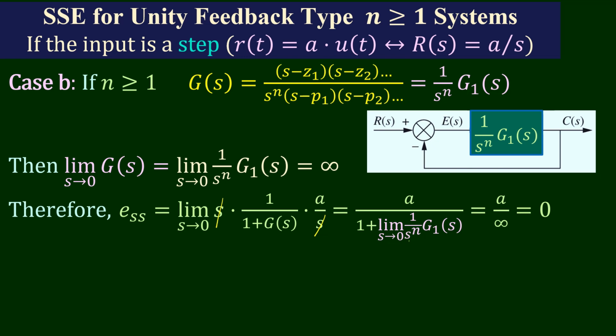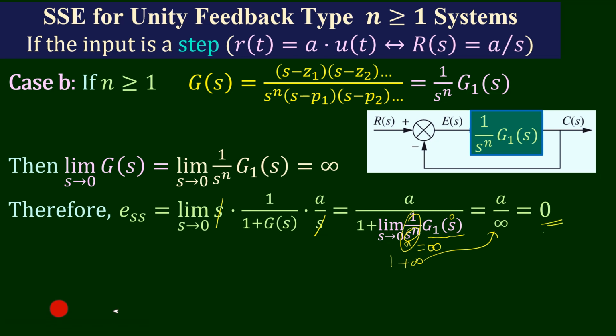Now if s is equal to 0, this portion is equal to 0, and this whole thing is infinity. Infinity multiplied by g1 of 0 will be infinity. So 1 plus infinity gives infinity, and 1 over infinity is equal to 0.